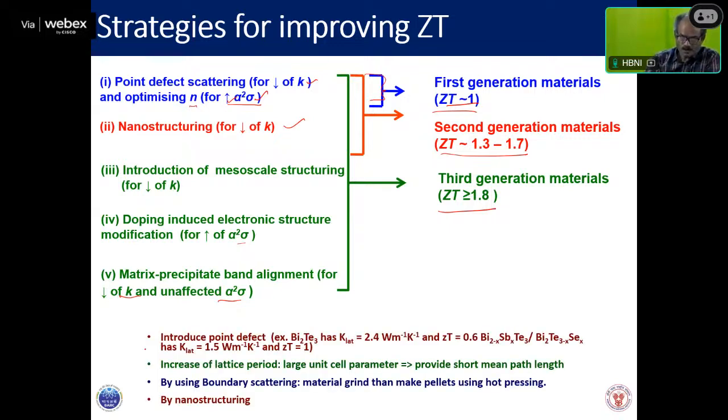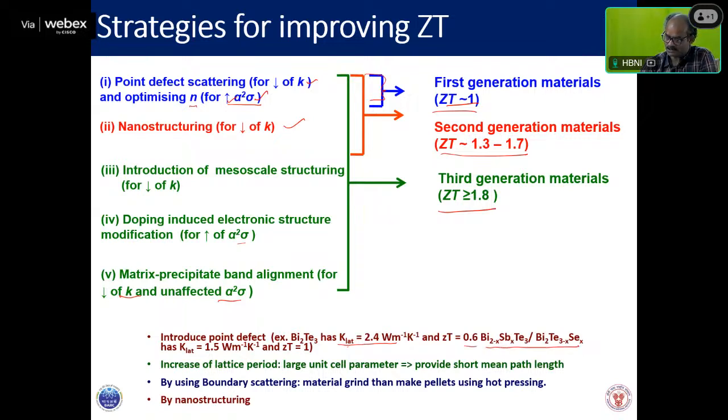Some examples of introducing point defects: bismuth telluride, which has a lattice thermal conductivity of 2.4 watt per meter K and a ZT value of 0.6.